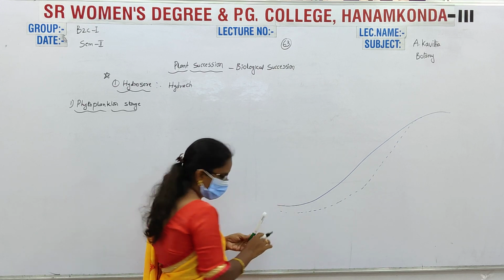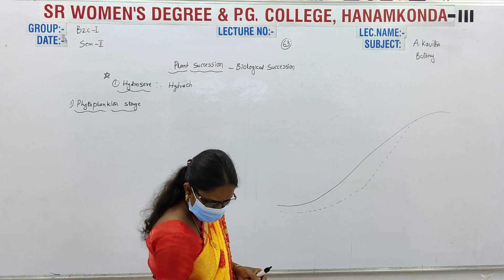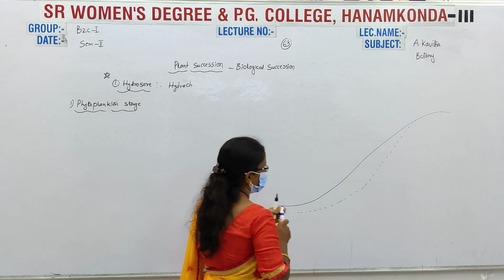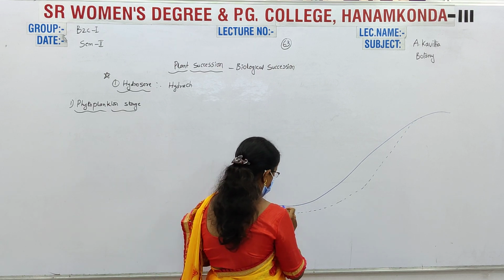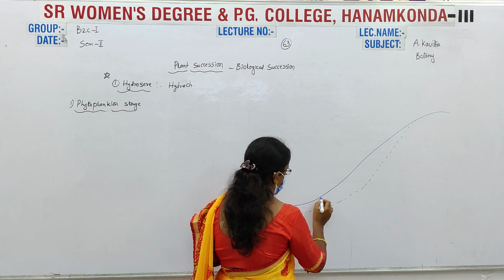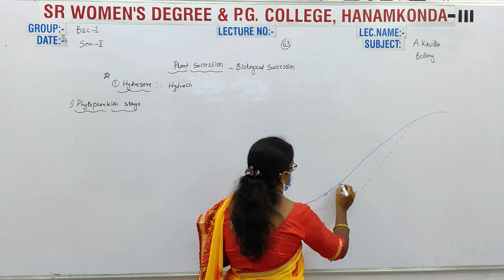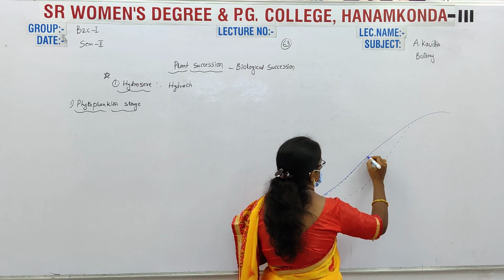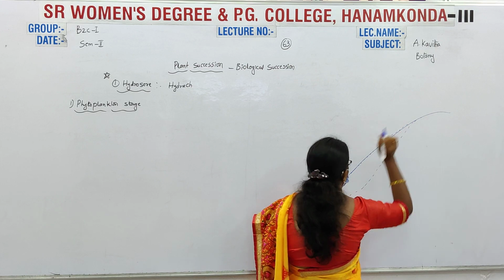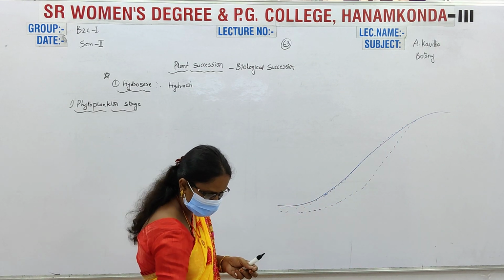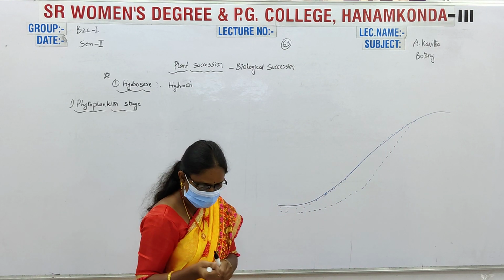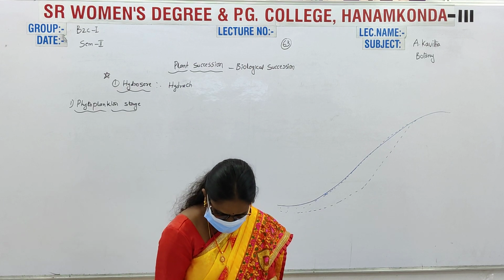This is totally water, completely water, and the first stage is called the phytoplankton stage.